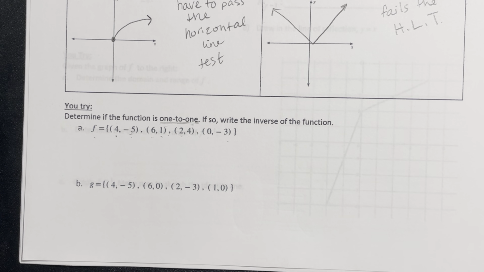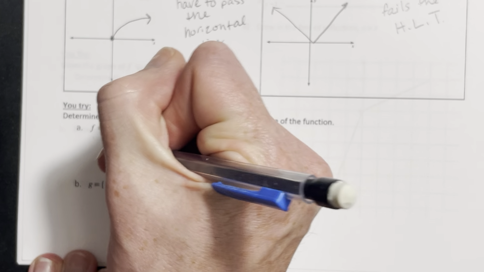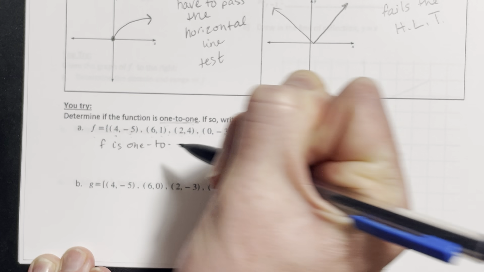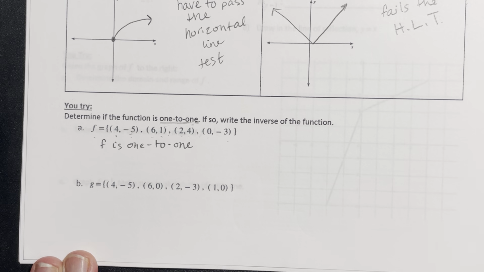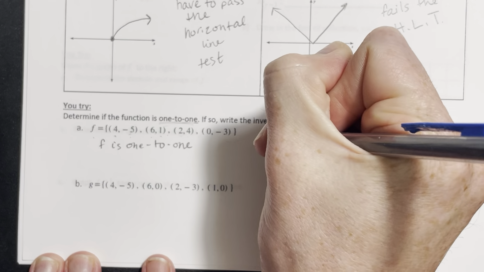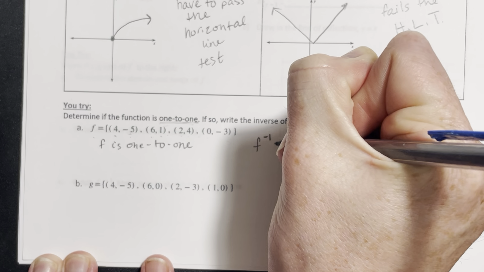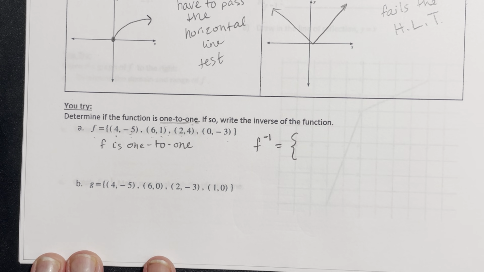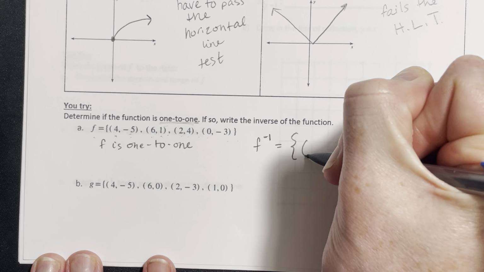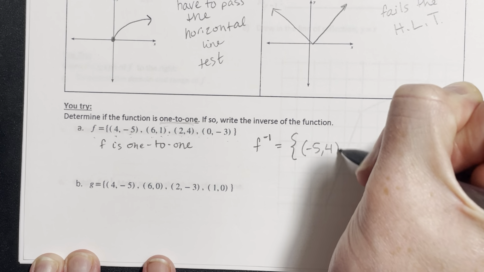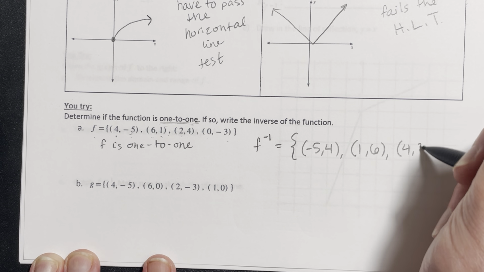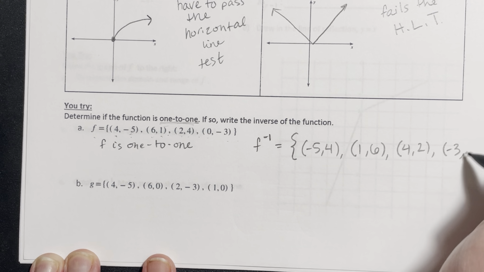So if I do that for each coordinate, f is 1-to-1, so it would have an inverse, and we would write f inverse as the collection of points that are the inverse points. So (-5, 4), (1, 6), (4, 2), and (-3, 0).